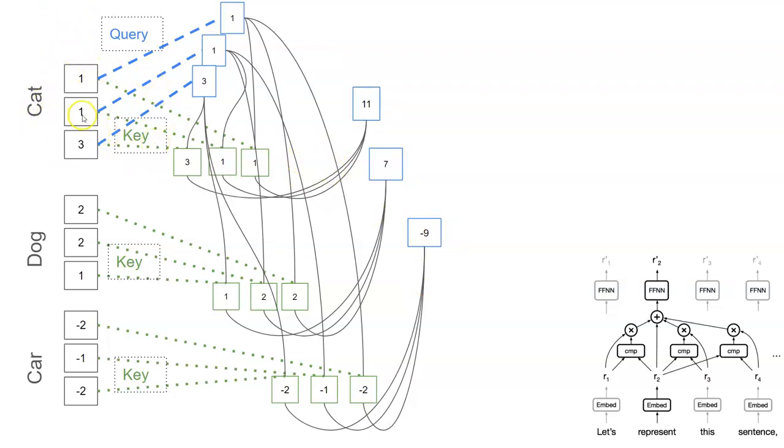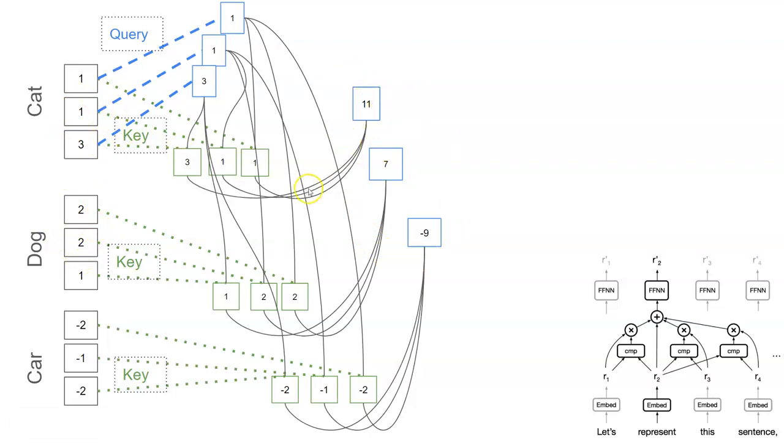So the cat thinks that it is 11 important, and it thinks that the dog is 7 important, and that the car is -9 important. So say it like that. Does it make sense? Yes, it does. Because cat is 113 and dog is 221, and the car is -2, -1, -2. So car is absolutely not similar to these two. And that's what we see here.